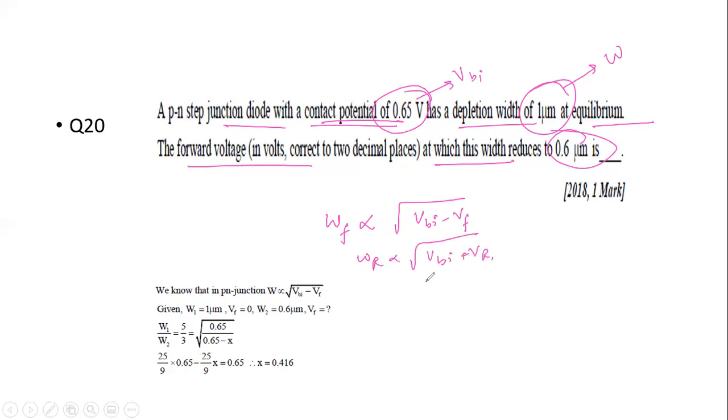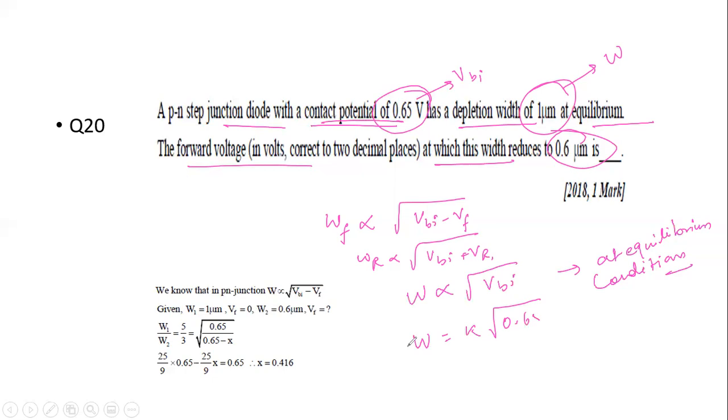At the equilibrium conditions, the potential is 0.65 volt. So W is directly proportional to the square root of VBI at equilibrium conditions. So W is equal to K times the square root of VBI, which is 0.65, and in this case W is 1 micrometer. Now the width becomes 0.6 micrometer.